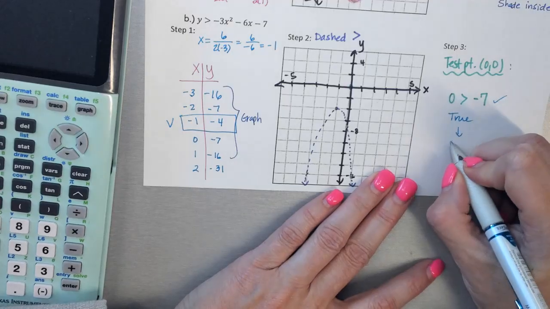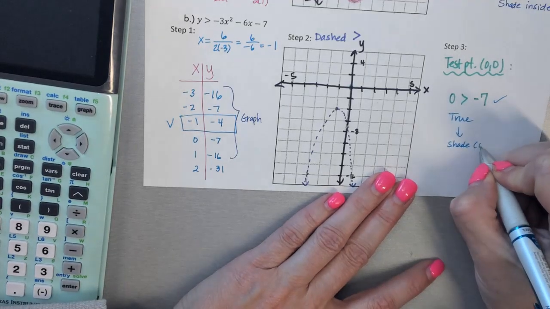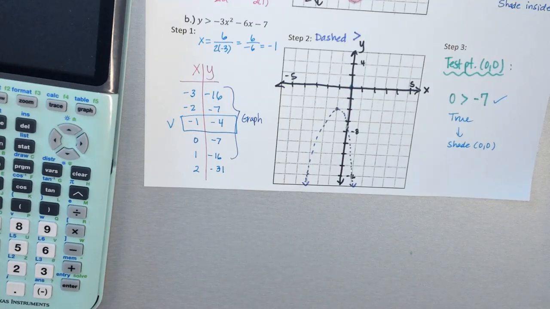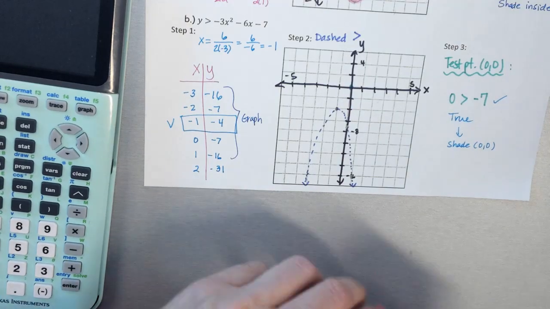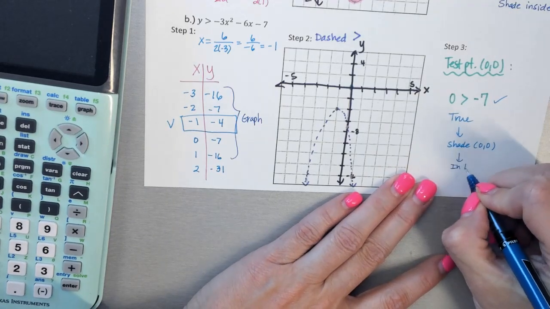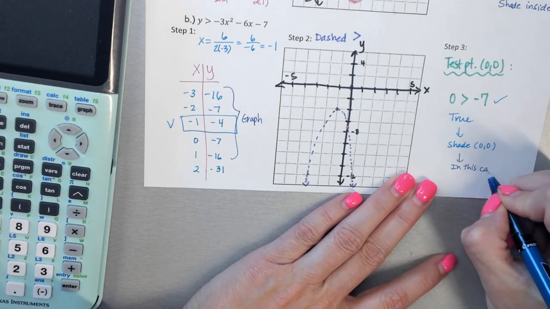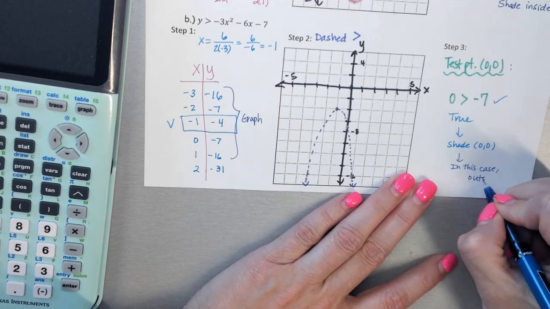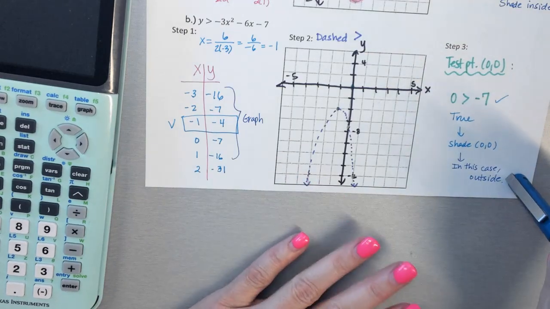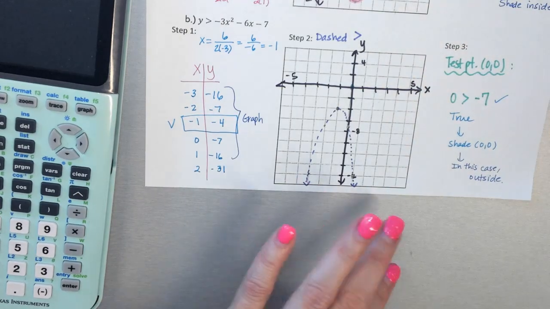If it is true, that means you shade 0, 0. And you have to look at the position. So in this case, 0, 0 is outside. Okay, so depending on where your parabola is, true might mean shade outside, true might mean shade inside.